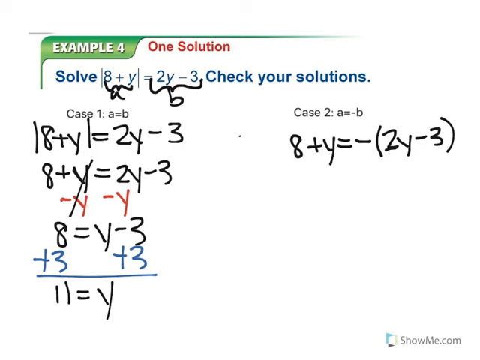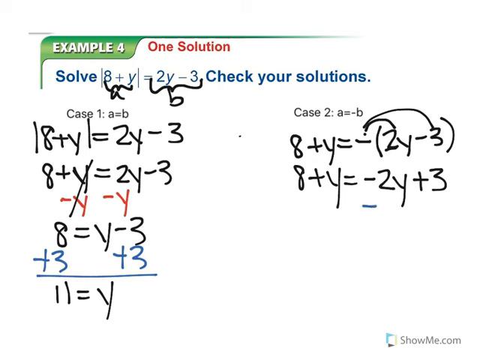Now, here when we have a negative on the outside of the parentheses, we're going to have to distribute that. So 8 plus y is equal to negative 2y plus 3. So kind of a shortcut you can think of: when you distribute a negative, it changes the sign of everything on the inside of the parentheses. Okay? So now we're going to go ahead and solve for y again.